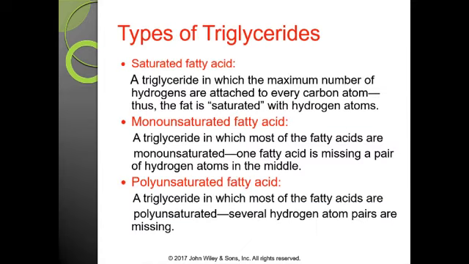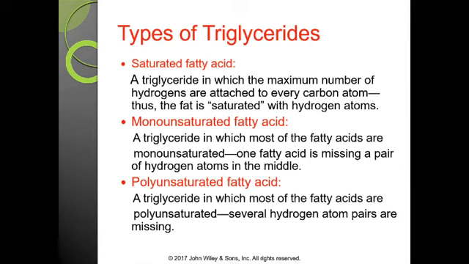So basically, there are three types of fatty acids. The first one is a saturated fatty acid, and that's basically a chemical structure in the triglyceride where the maximum number of hydrogens are attached to every carbon atom. Therefore, the fat is considered saturated with hydrogen atoms.